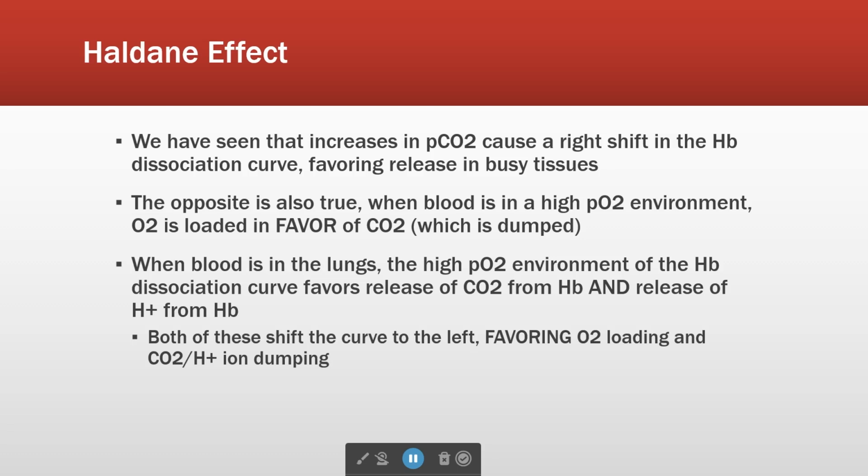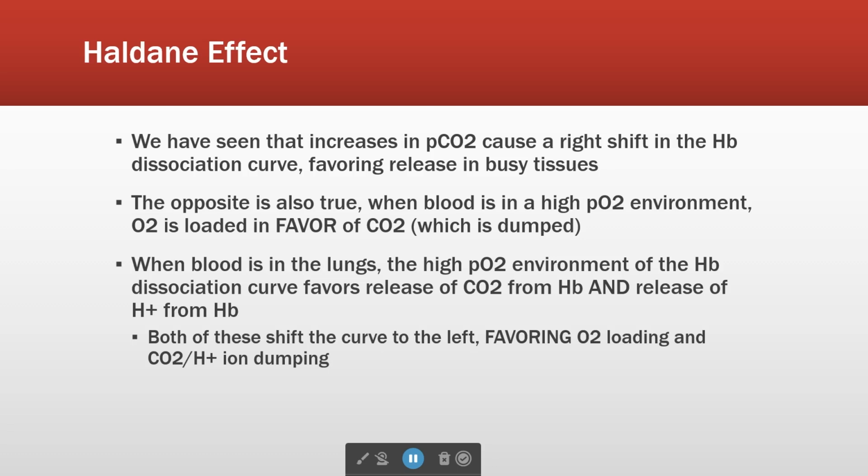Because in the lungs, we have very high oxygen concentrations, which means that the PCO2, or the CO2, tends to fall off, okay? So when blood is in a high oxygen environment, O2 is loaded in favor of CO2, okay? That's the Haldane effect. The Haldane effect is oxygen makes CO2 fall off.